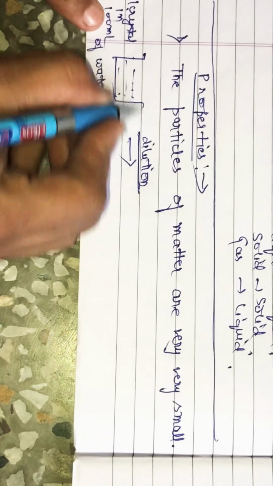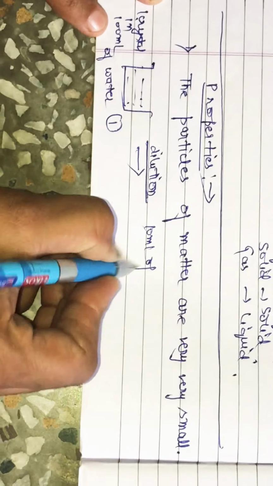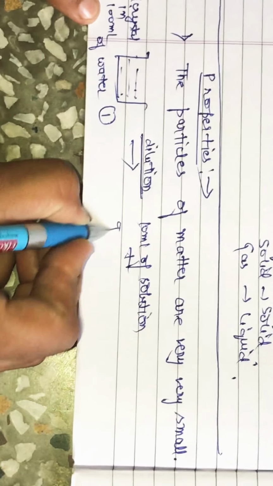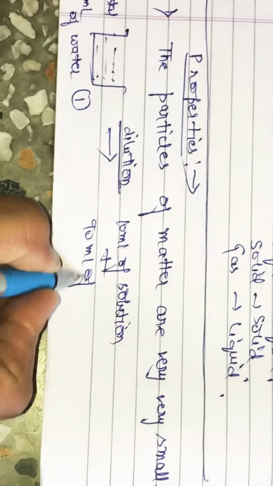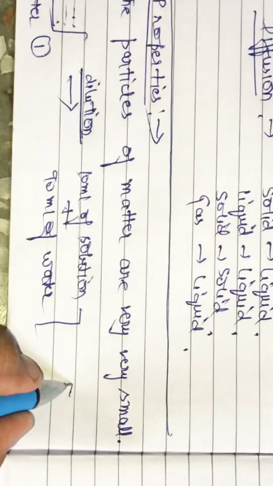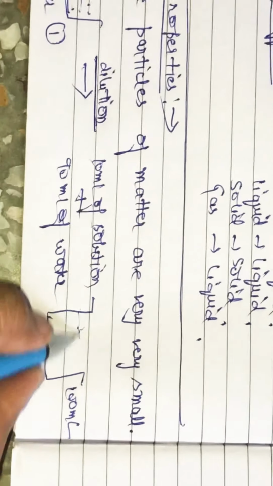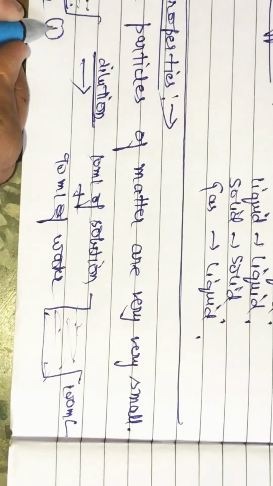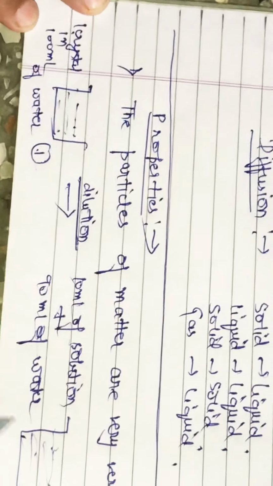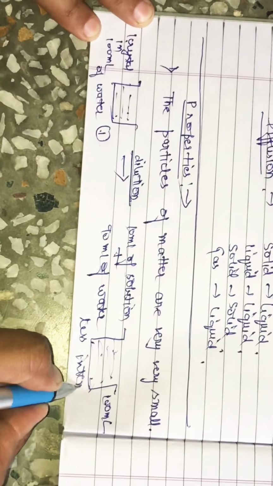We will take 10 ml of solution from step 1 and add 90 ml of water to it. So what will happen here? Again your beaker has 100 ml of solution, but there will be a color difference. Initially the first step will be intensely dark, and this will be a bit less intense in nature, right?